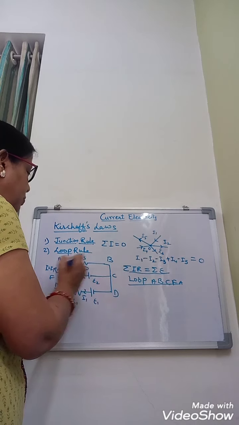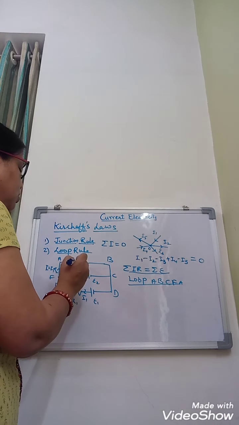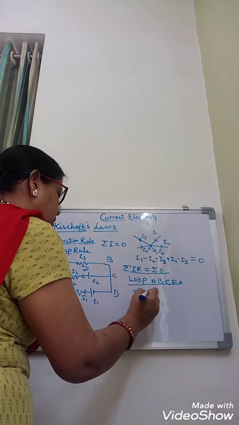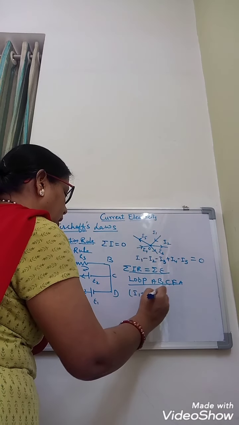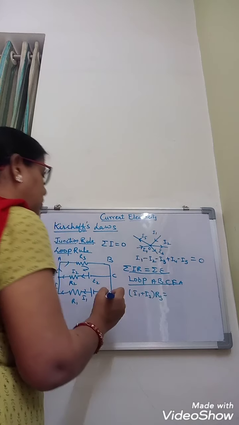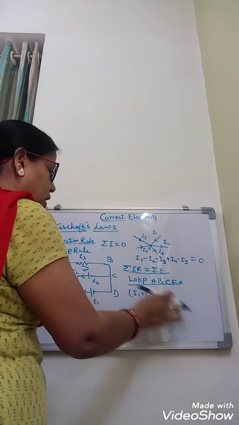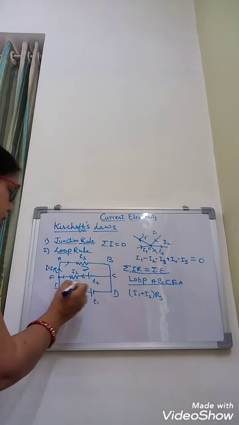I have taken the loop A, B, C, F, A. So I can write here I1 plus I3 into R3 is equal to, I have to take this branch also. So I have to take the addition of current in this.